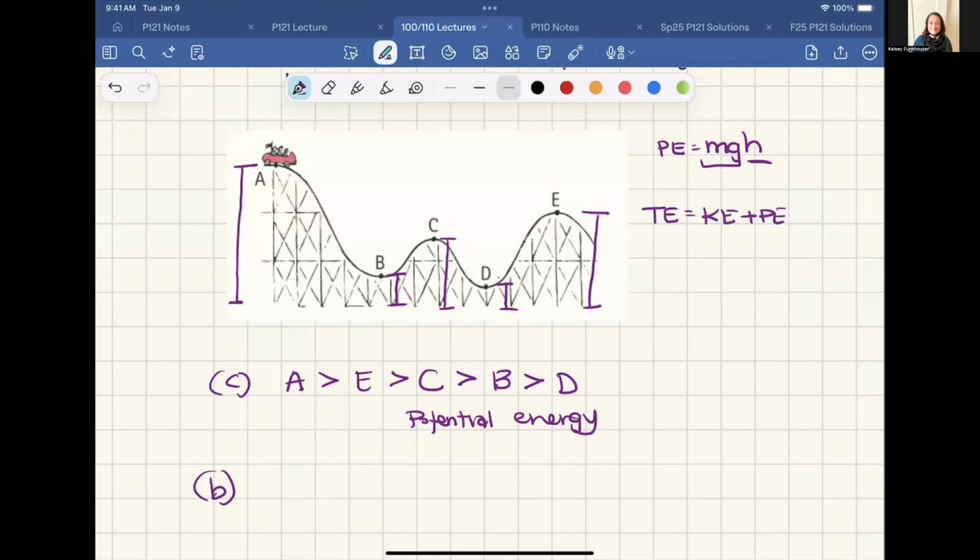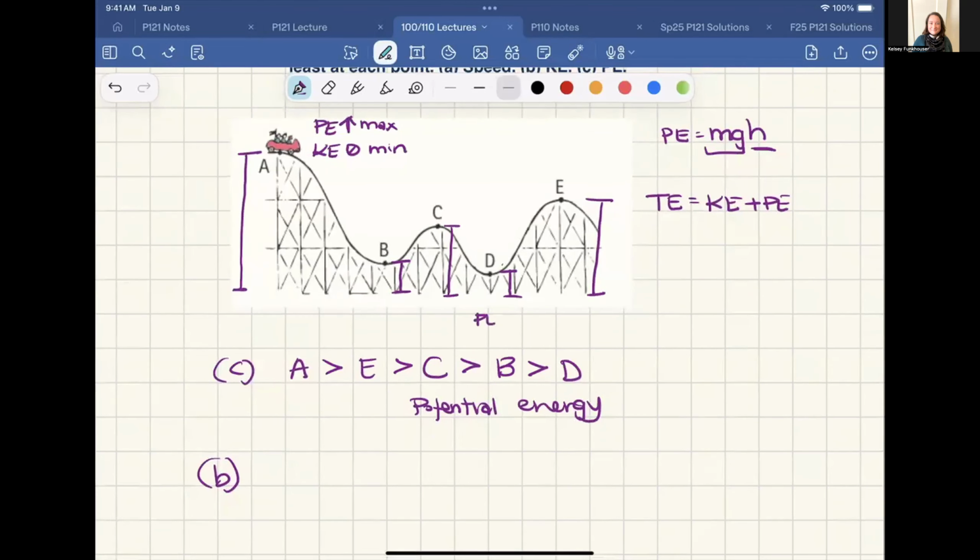So up here we have the maximum potential energy, and that means we have the minimum kinetic energy. And then we have the minimum potential energy at D, so that's going to mean the kinetic energy is a maximum there.